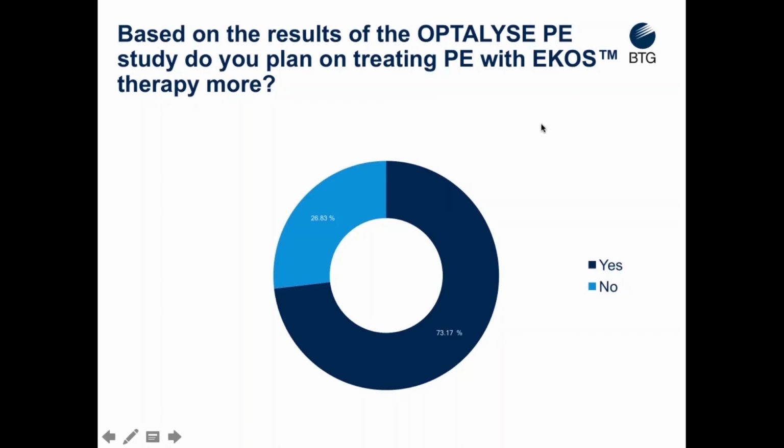I think this is certainly what we're finding in our own practice, where there are patients now that, with OPTALYSE protocols, we would consider EKOS therapy for, where with Seattle 2 we may not have felt as comfortable. These typically are the patients who are elderly or are in some sort of post-operative state. So certainly I think that's consistent with what we're seeing in our own practice.